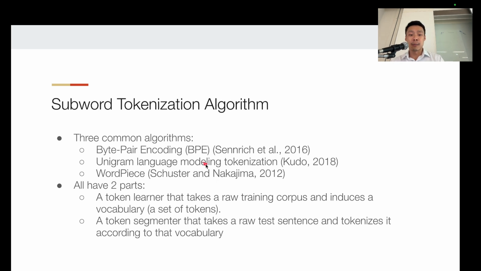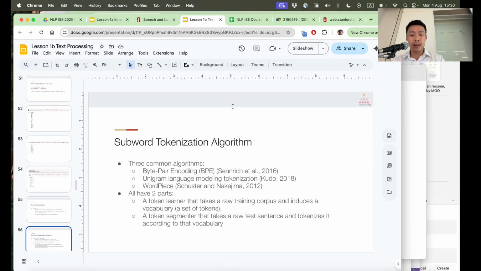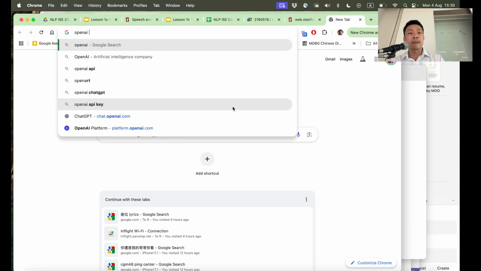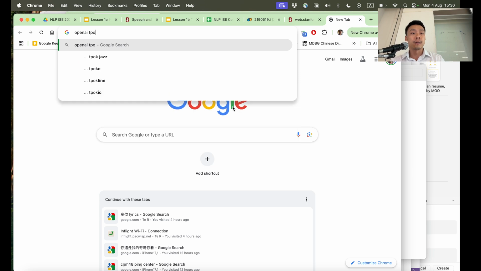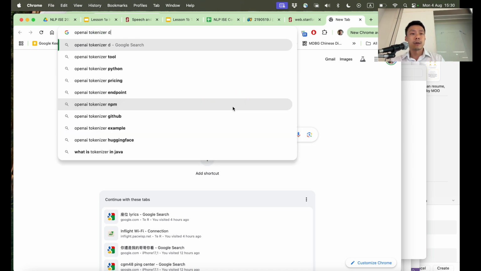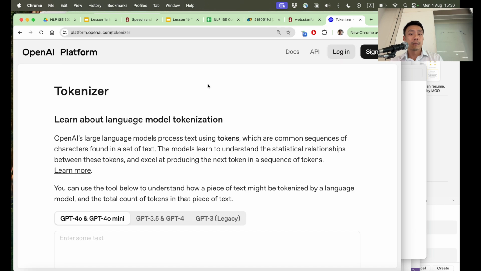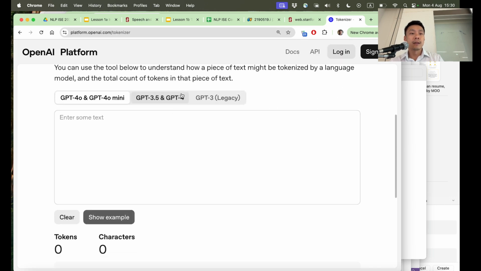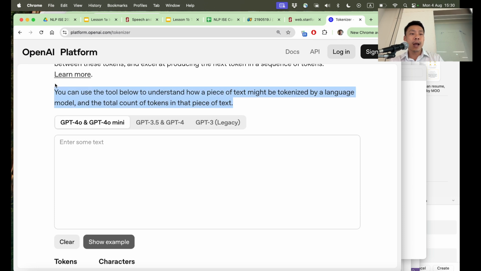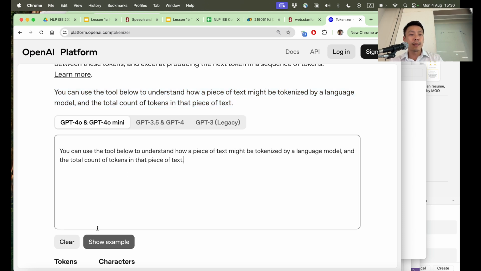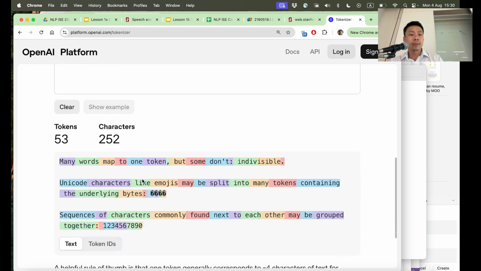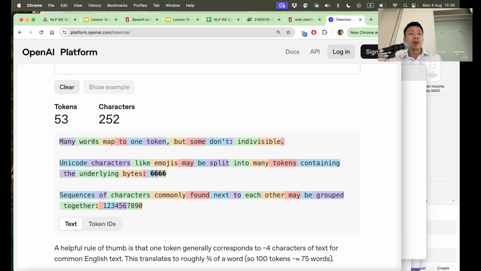To demonstrate that, I think OpenAI do have a tokenizer demo, if I'm not wrong. So this is how OpenAI tokenizes things. Many words map to one token, but some don't.